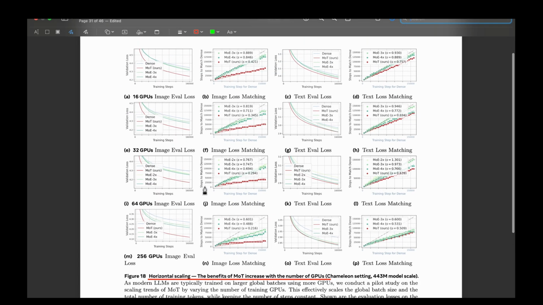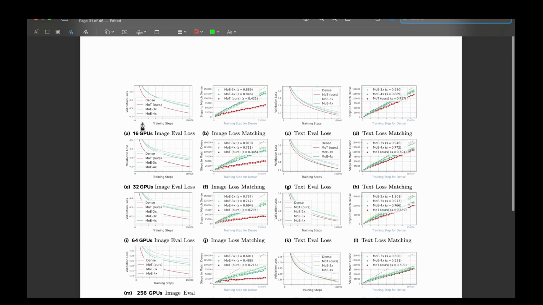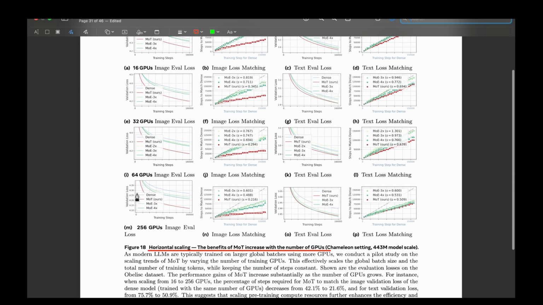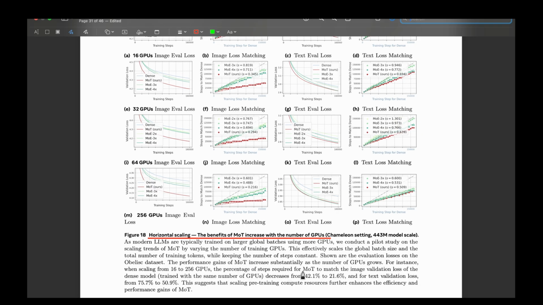That's what they are showing in this plot. As they increase the GPUs from 16 to 32 all the way up to 256, they say that MoT benefits with the increasing number of GPUs, as in the percentage of steps required for MoT to match the image validation loss of a dense model decreases from 42% to 21% as we increase the GPUs from 16 to 256.